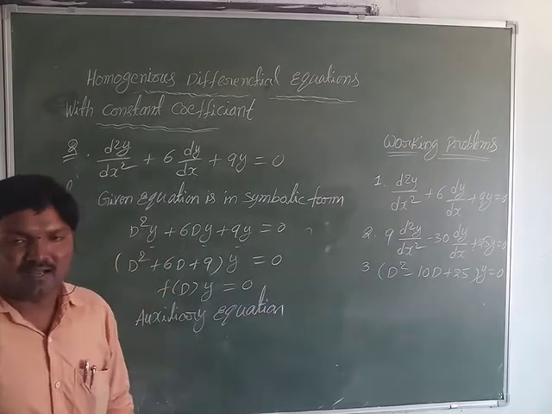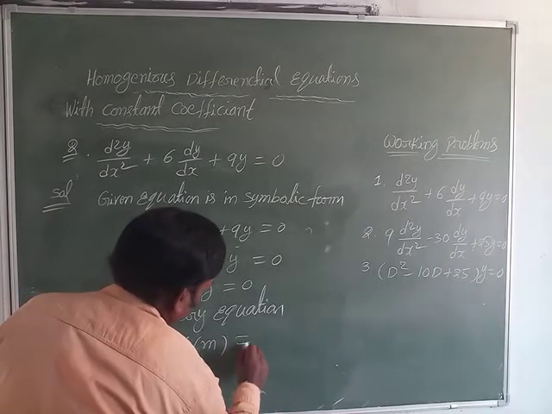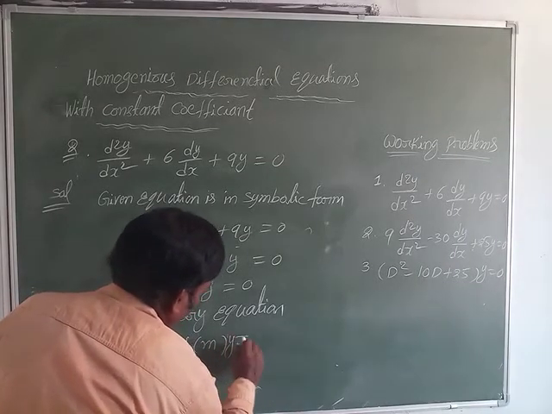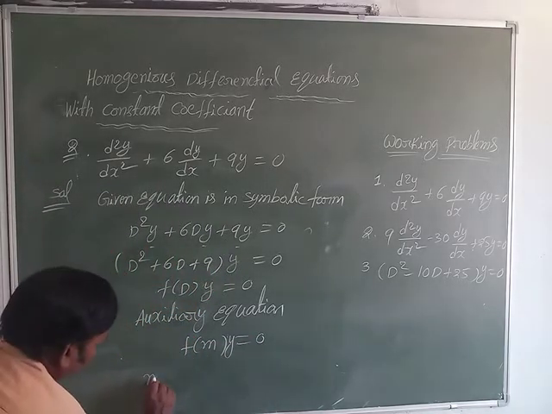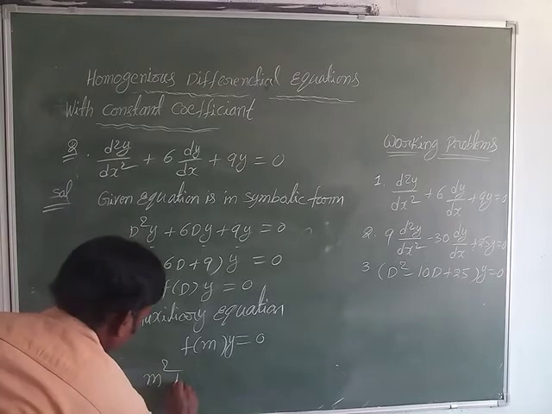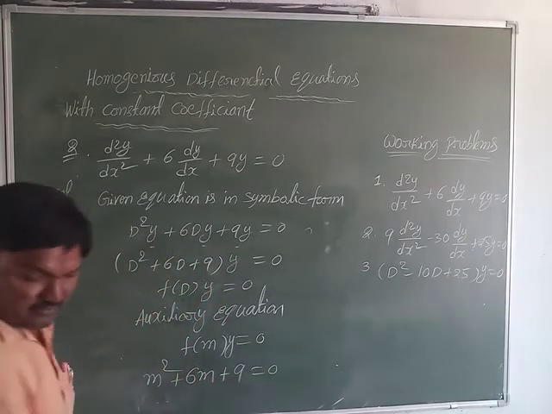So what is the auxiliary equation? f(m) equal to 0. That means m square plus 6m plus 9 equal to 0.